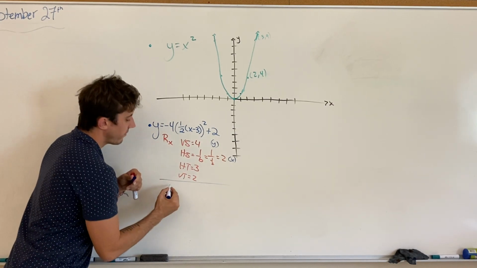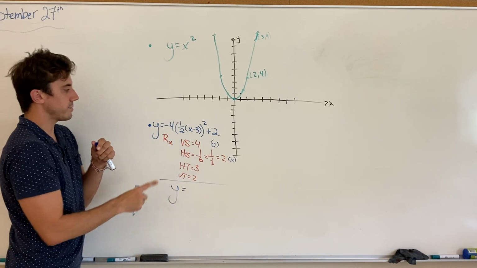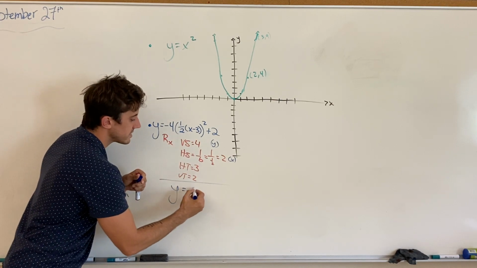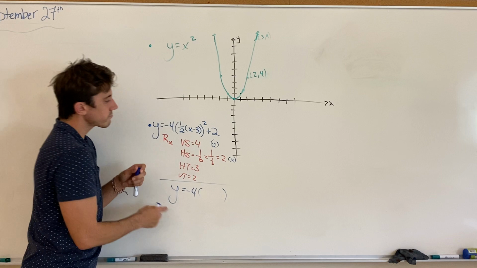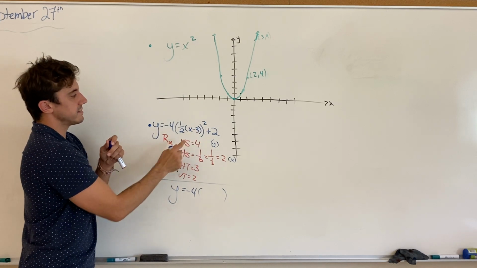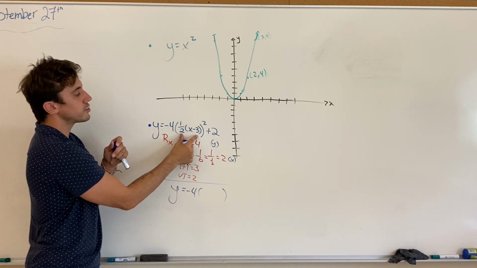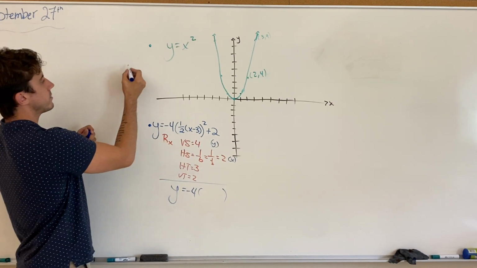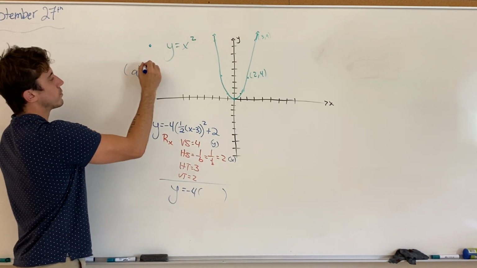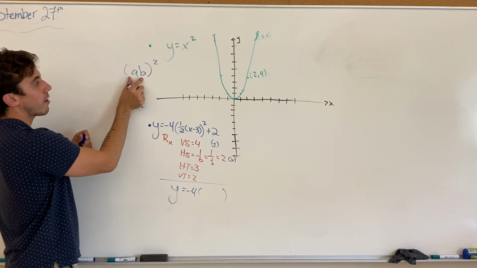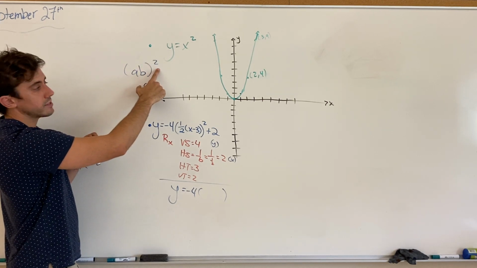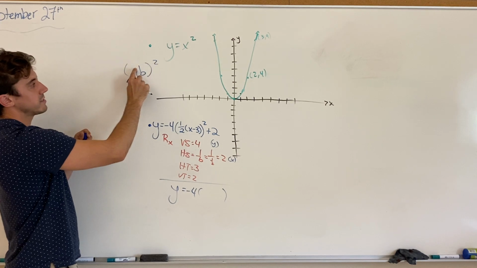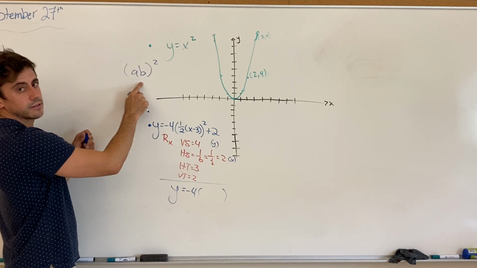So if I start to algebraically manipulate my equation here, I can write this as -4 times. Notice that the square is attached to 2 terms inside this bracket that are being multiplied. So this is a product, right? Now we learned a few years back that there's a rule for exponents that says when we have a product raised to the power of an exponent, we can attach the exponent to each term.